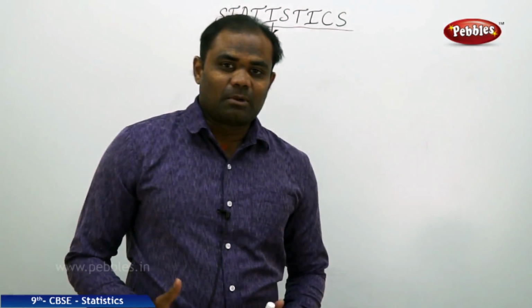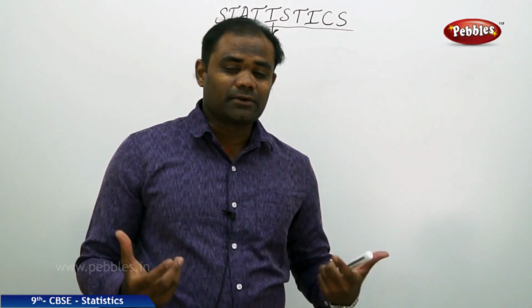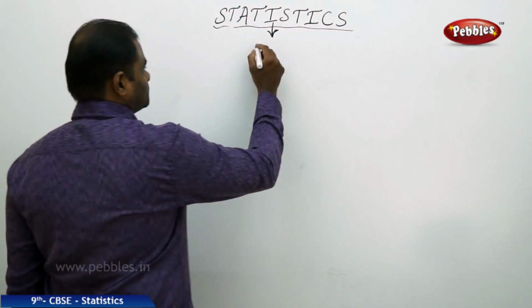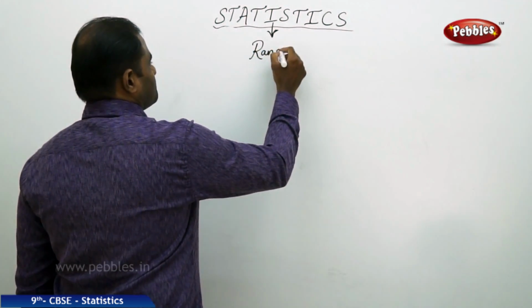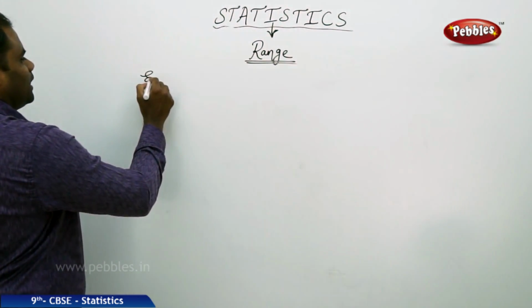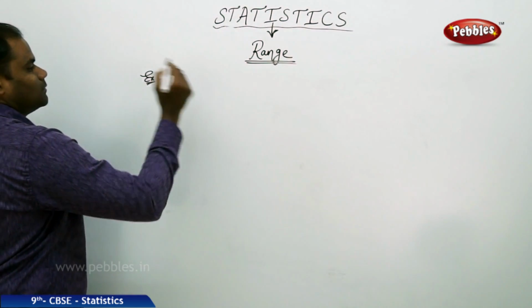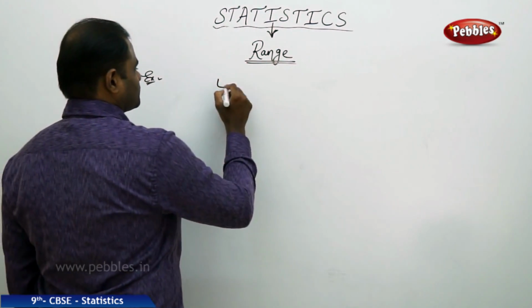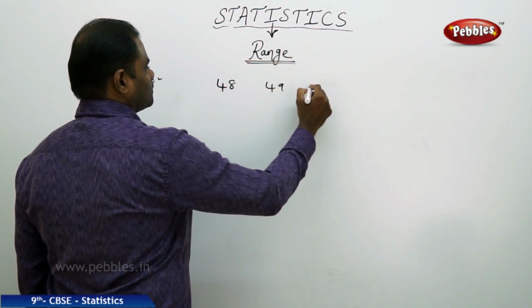Now let's discuss range. What is a range in statistics? This session is about range. Say for example, I have the marks of 10 students in the class which I have taken.